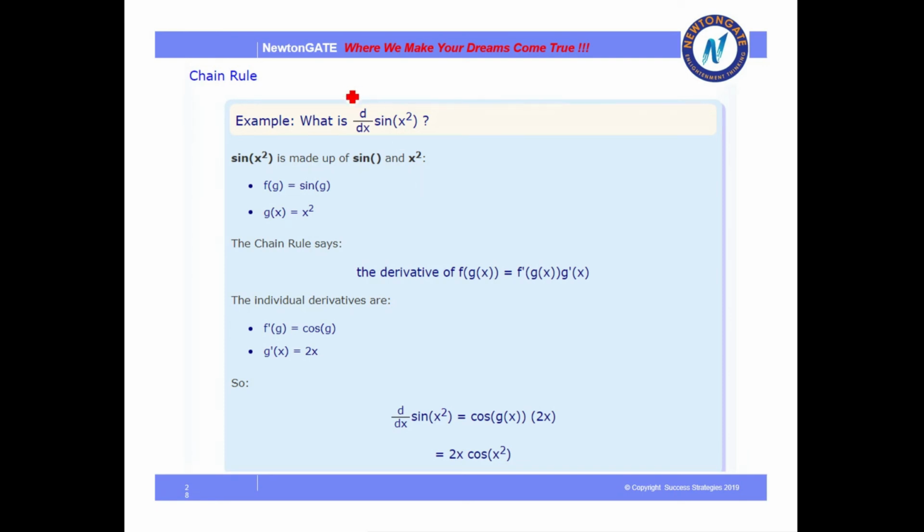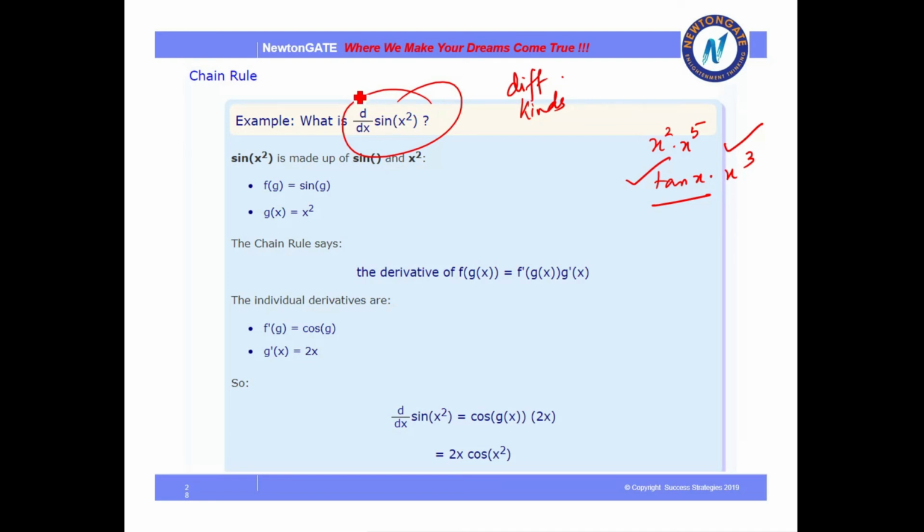Whenever there are composite functions like this given, where there are two different kinds of function. It's not like x square into x to the power 5 or maybe tan x into x cube. Now here, we have two separate kinds of functions, entirely different.